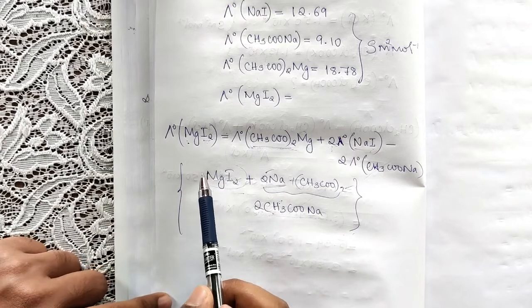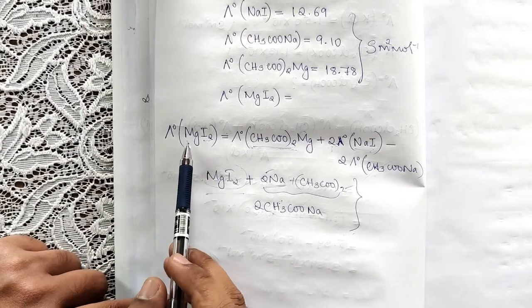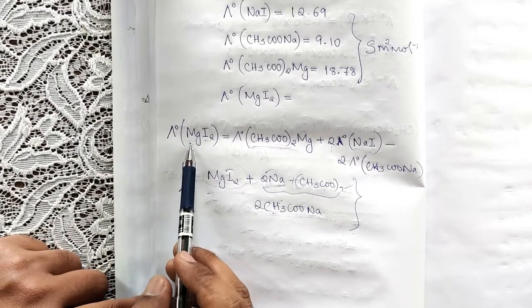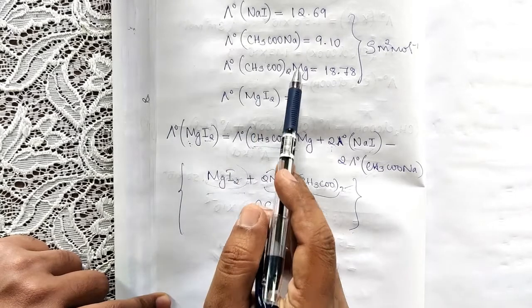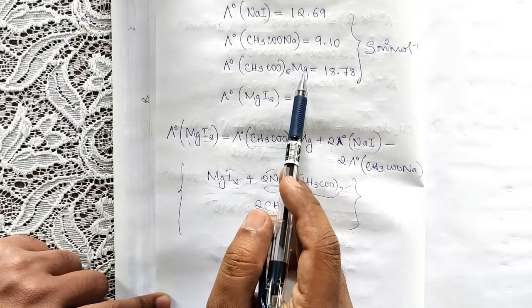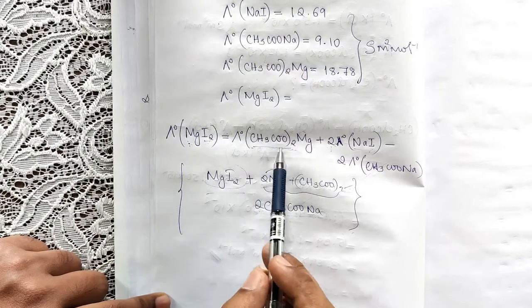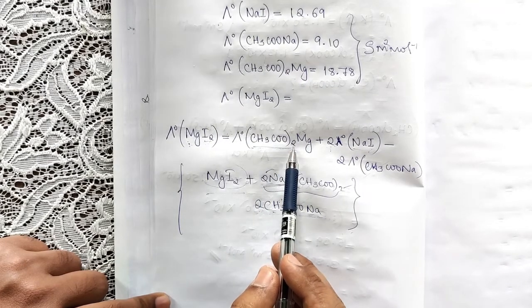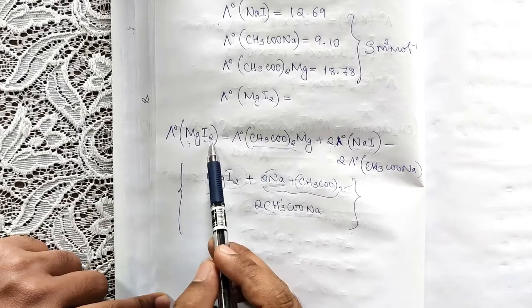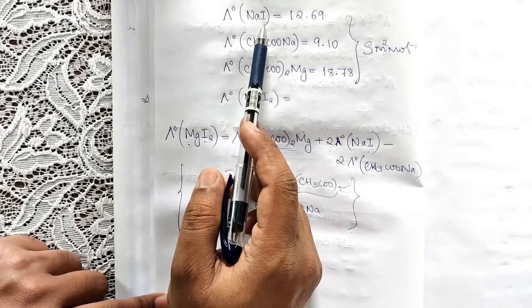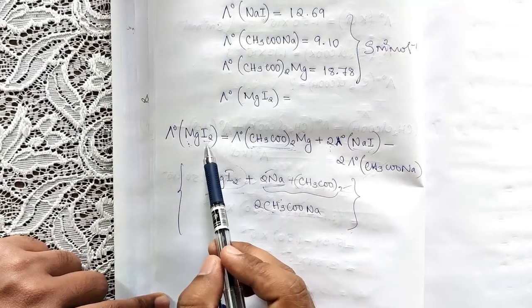So our main question is to find the molar conductivity of MgI2. Out here we have Mg. There is only one Mg, so I don't need to multiply with 2. But in spite of that, we have (CH3COO)2 out here. And then I2, we have only one I out here, in NaI, and we need I2.